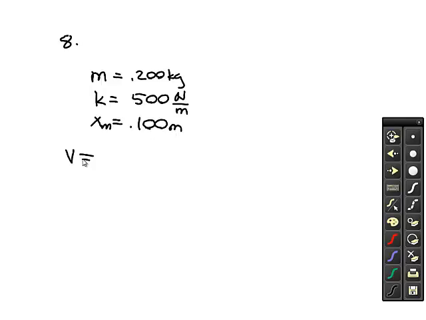V, the velocity at any time, is negative x sub m omega sine of omega t plus phi. Okay, what's the maximum velocity then?